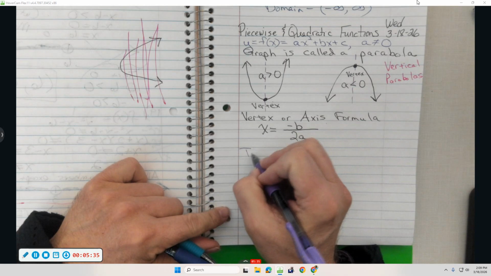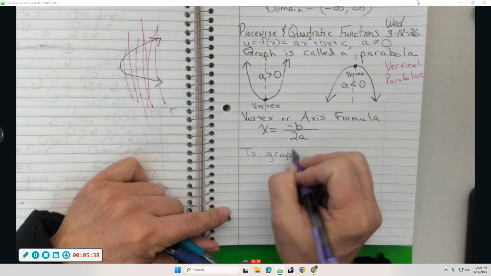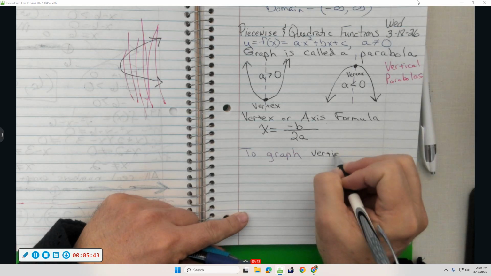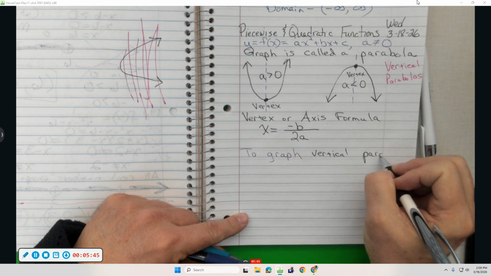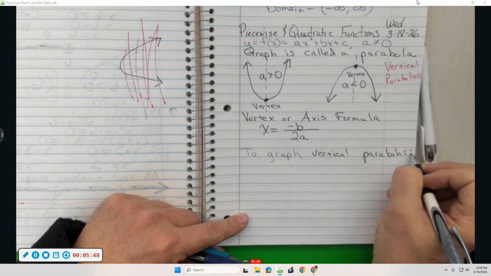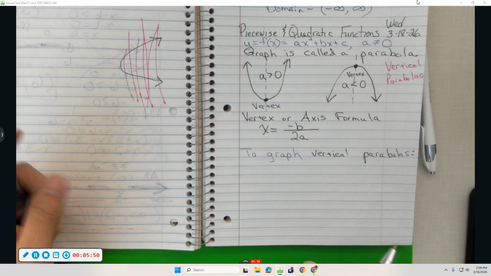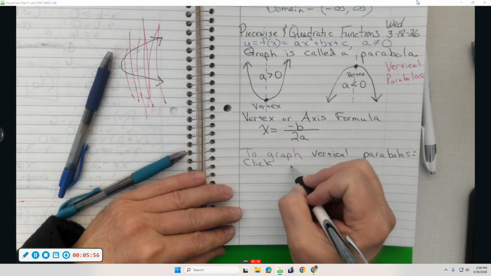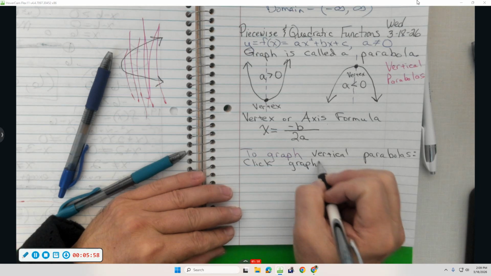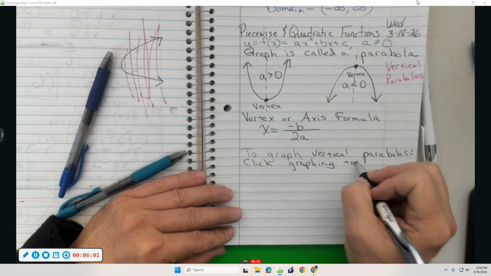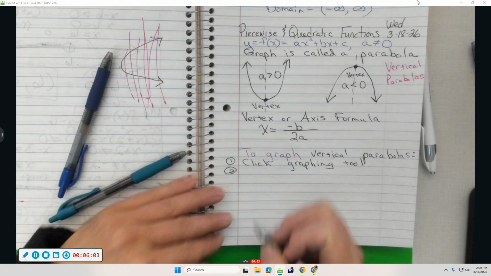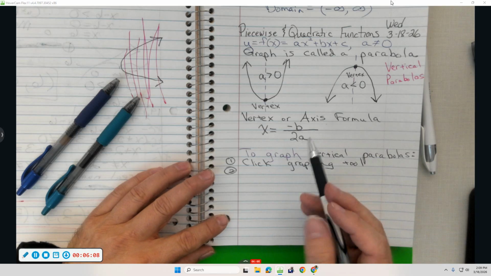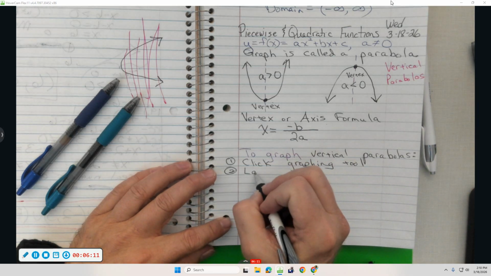To graph vertical parabolas, what you'll have to do is, once you click the graphing tool, I guess I'll write that down, click graphing tool, it's the one for vertical parabolas. Then you'll have to label the vertex. So you'll use that vertex or axis formula to label the vertex.